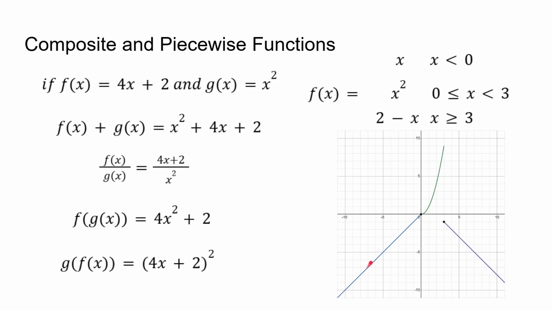And you'll just follow this f of x is equal to x. Then, when you reach 0, you look at this domain. So we're looking at x squared. So it will follow x squared until it reaches 3, and at 3, it won't quite reach it. And then we'll look at where it is. So here, it would be 3. So we'll plug in 3, starts at -1, and it will continue until positive infinity.